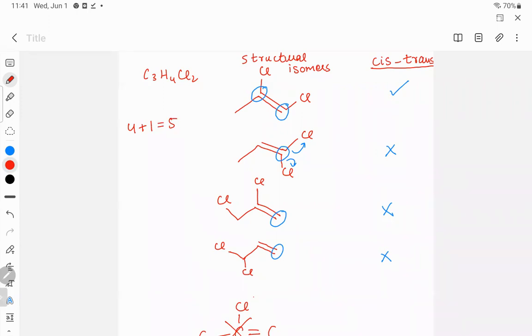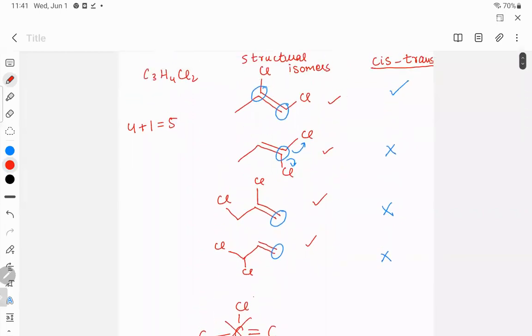Just give me a minute to look at it. 1,2-dichloropropene. Okay, 1,2-dichloropropene. 1,1-dichloropropene.